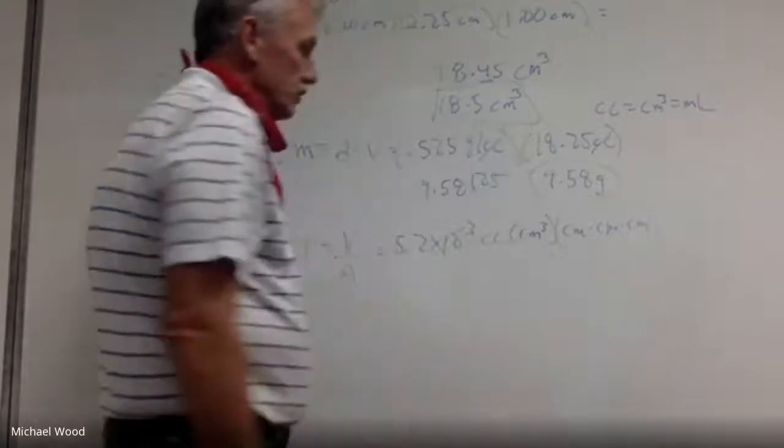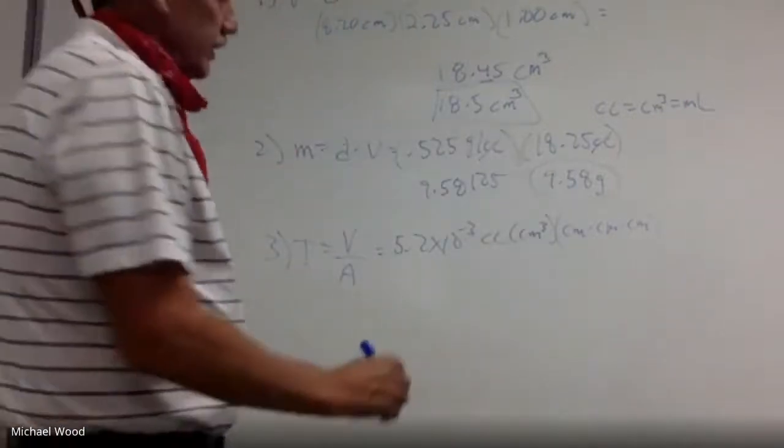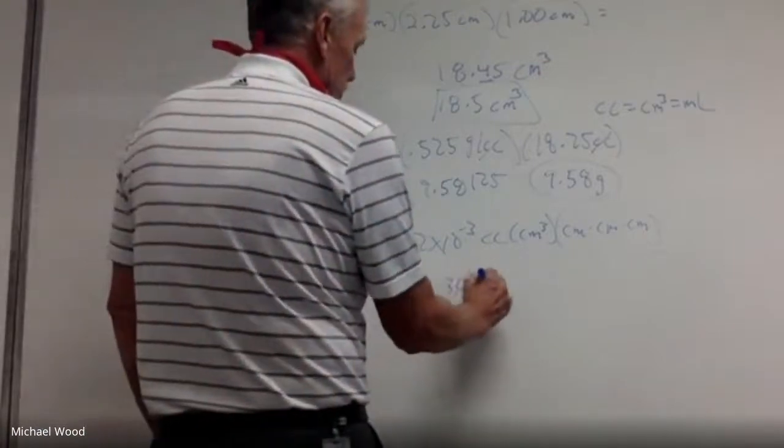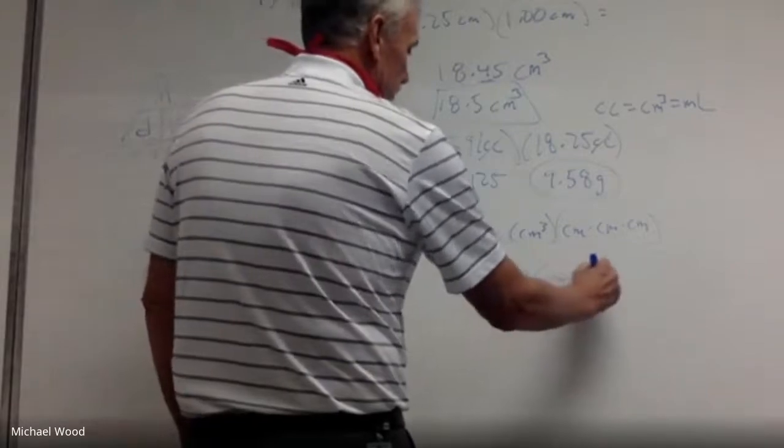I'll show you how the units work here. And the area is 30.2 centimeters squared, which means centimeters times centimeters.